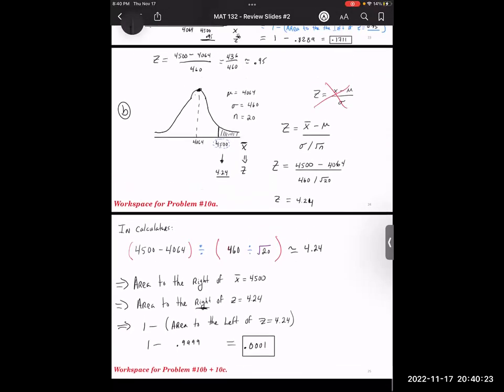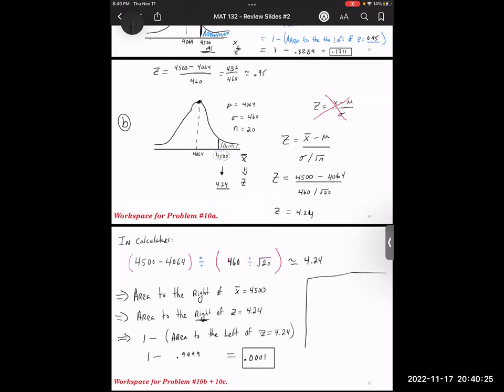The reasoning, right, I'll just write it over here in this little corner, is that because the original data set was originally normal, the distribution for the sample means are also normal, no matter the sample size.